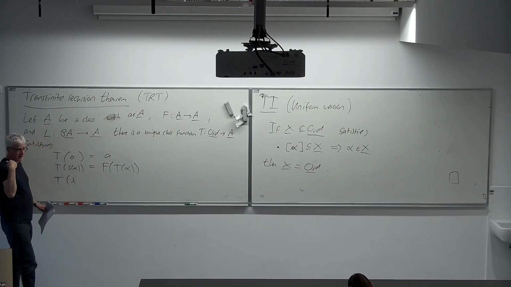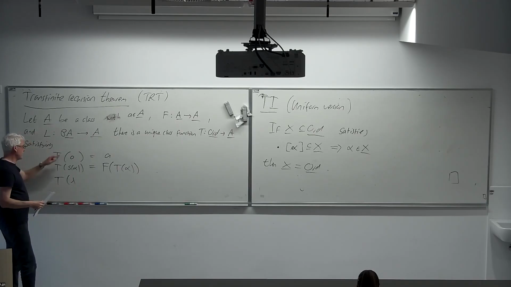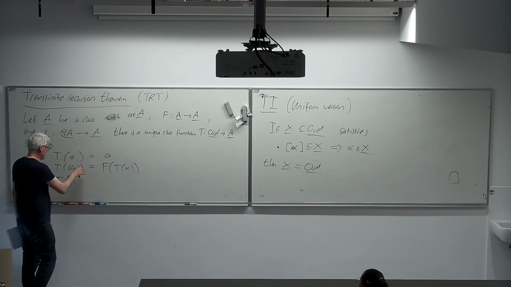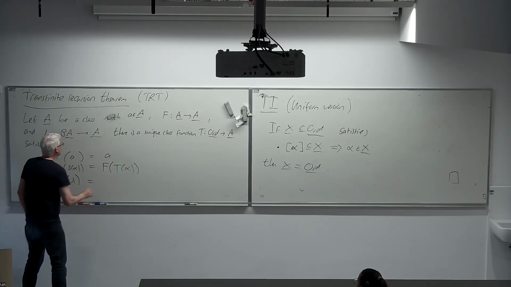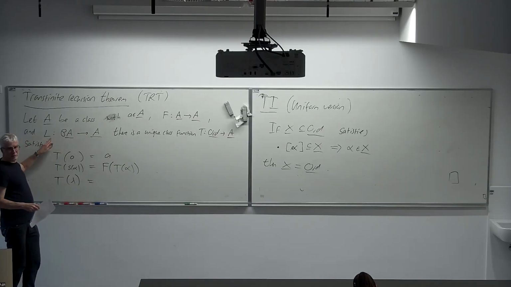Having this classification into 0, successor, and limit ordinals greater than 0 gives us three mutually disjoint cases. For a limit ordinal lambda, that's where we apply the L operation.